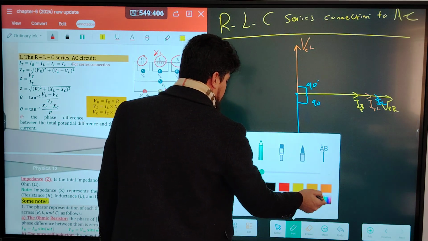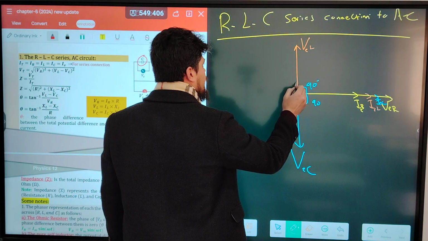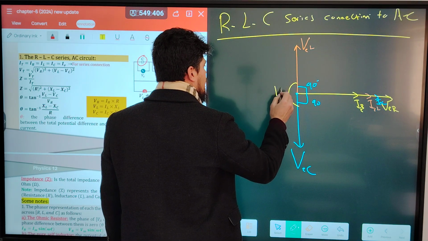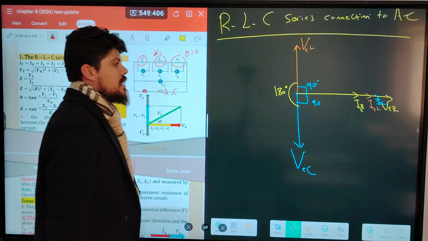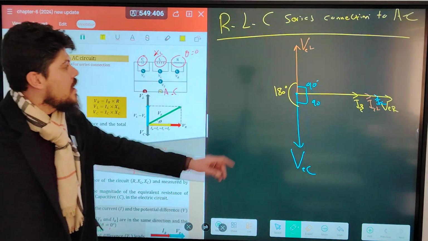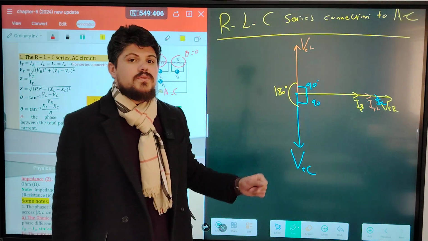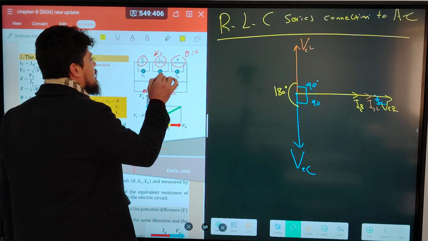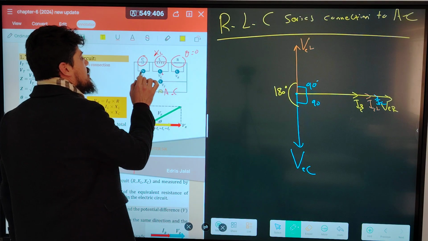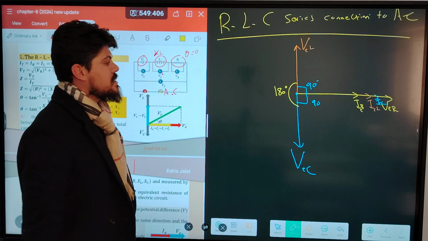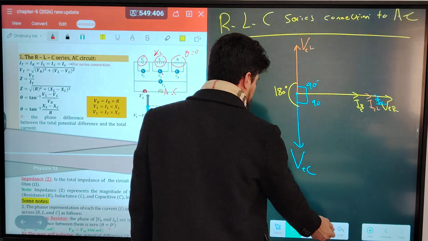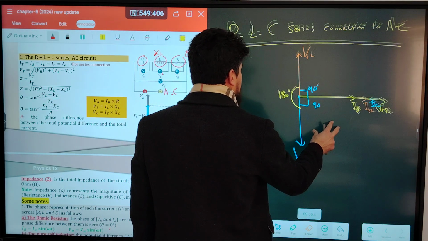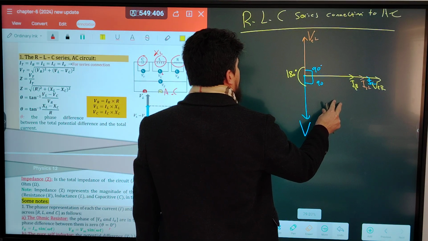But guys, be careful. The angle between VL and VC is equal to 180. What do you mean by VL? Potential difference across inductance. VC, potential difference across capacitance. The angle between them is equal to 180.